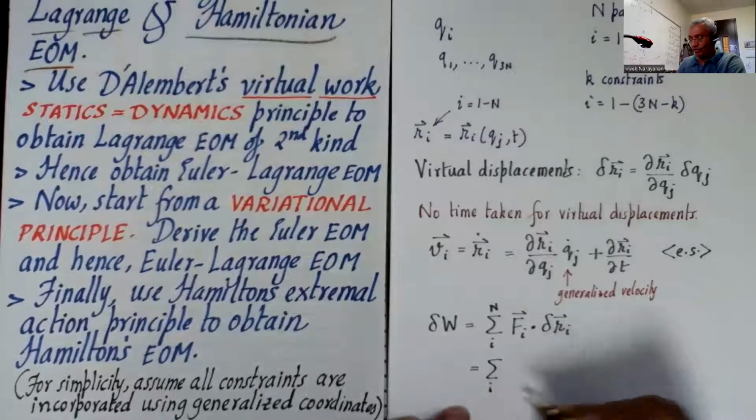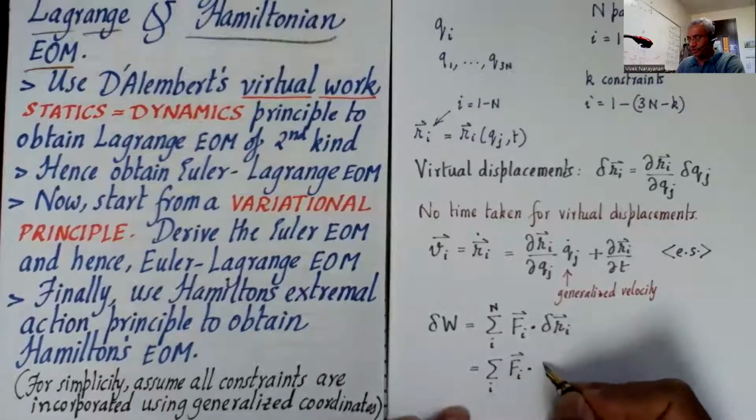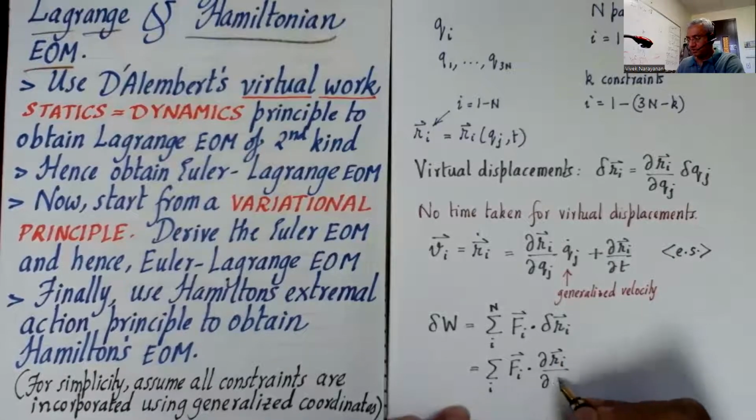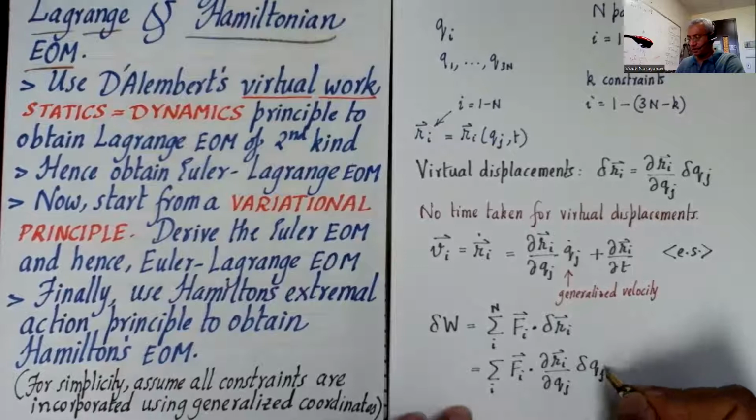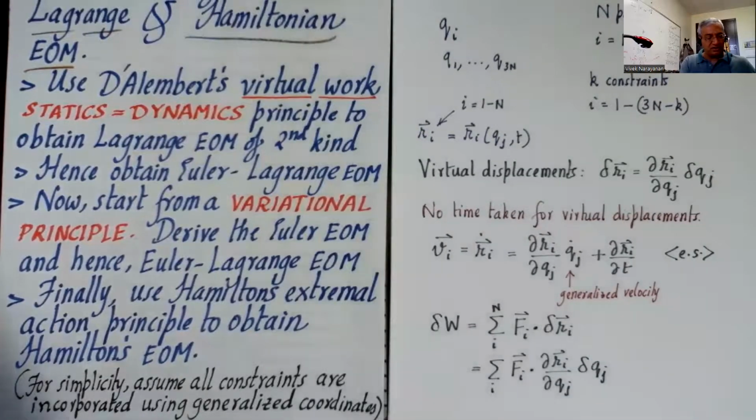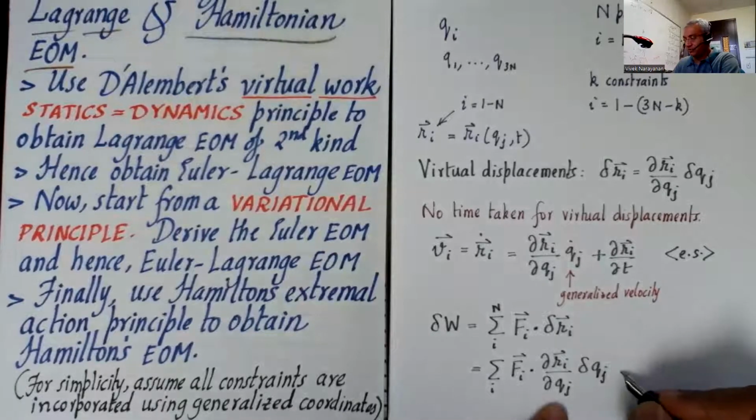So that gives me the sum over all i, Fi dot del Ri by del Qj, delta Qj. This is what Lagrange called the generalized force.